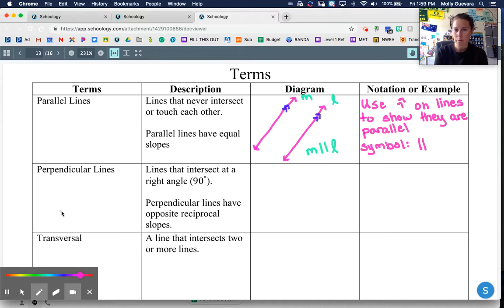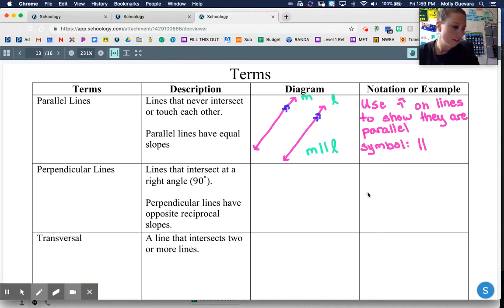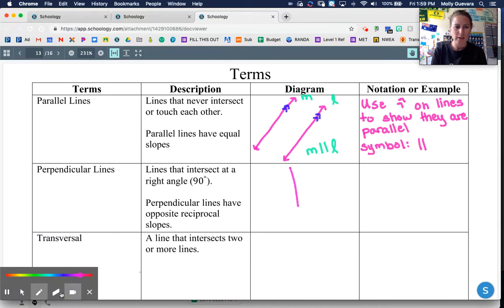We're going to skip perpendicular lines because that's something that we're going to look at in our next lesson. And I just looked and I'm wrong on that. So just kidding, we're going to do perpendicular lines. Okay, perpendicular lines are lines that intersect at a right angle. So they have 90 degrees. So I can do better than that.